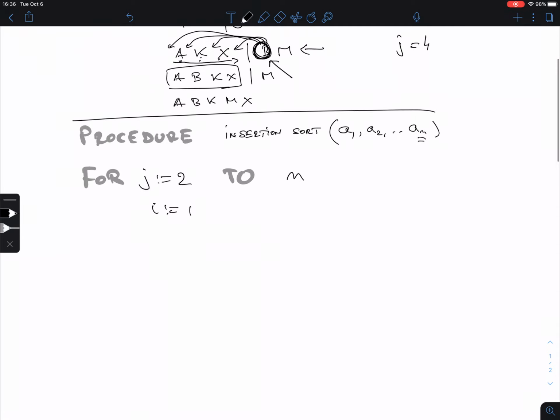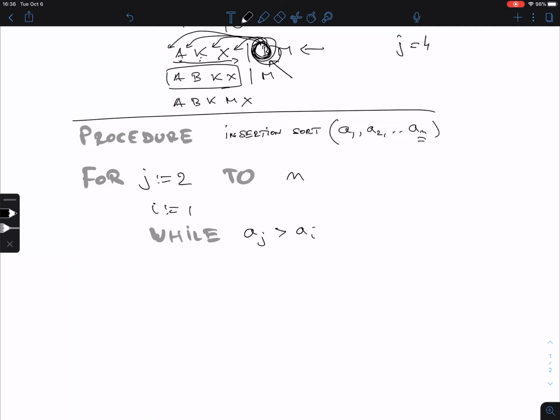Okay? All right. Therefore I'm going to use a while loop. I'm going to say while this element is bigger than whatever I'm checking, I have to keep checking. So let's write down exactly how that would look with the counters: while aj, that's the element I'm trying to match, is bigger than ai, that's the element that I am looking at in the front list.